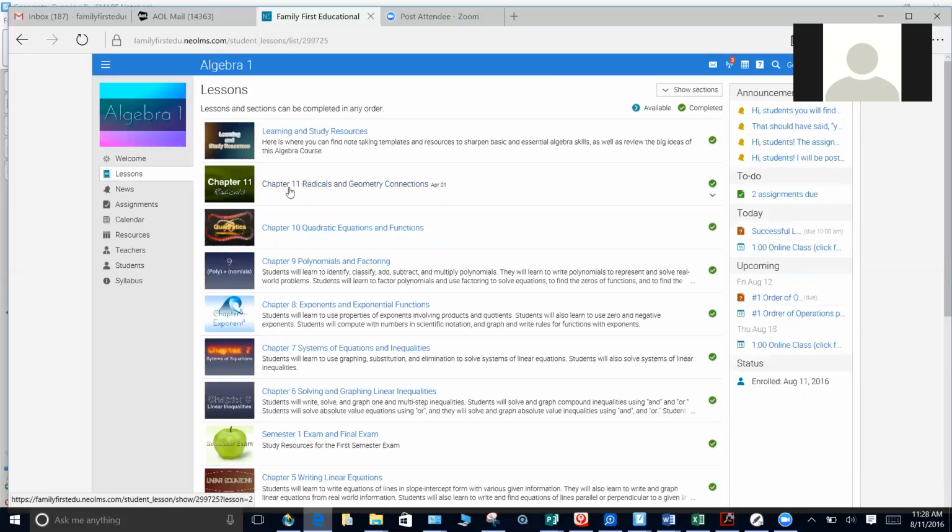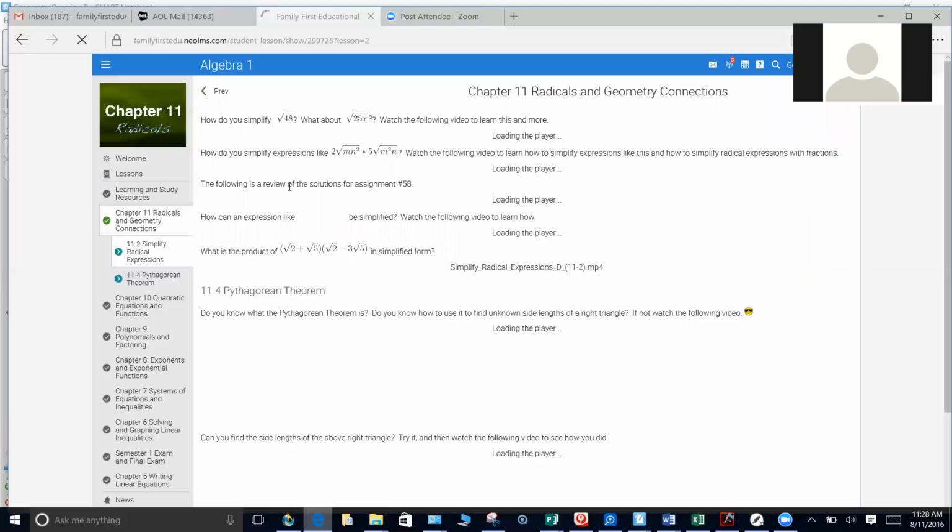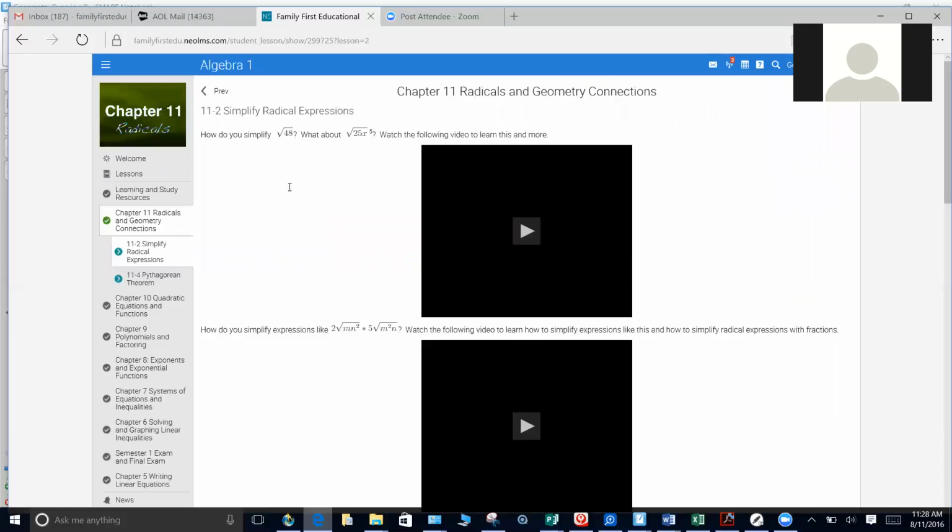So, for example, here's chapter 11, and I'm still working on rearranging this for the new class. Things are loading, but this is what a page will look like. For you, you may see the actual color of video, but since the files are on my computer, they're just black. But for you, they may show up. I'm not sure.